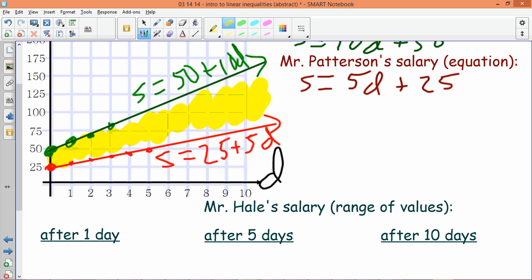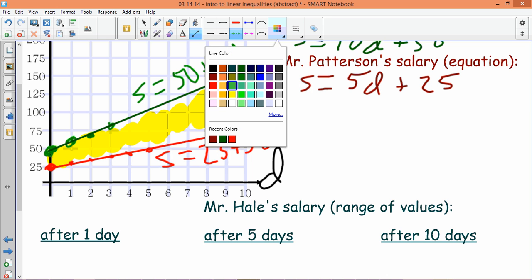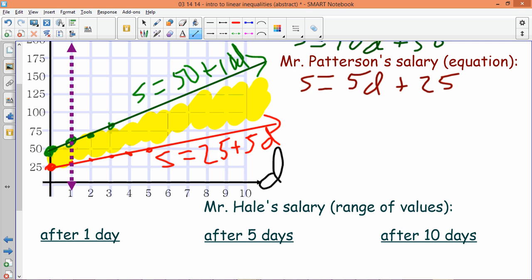So to talk about how much he makes after one day, what we can do is draw a line. Let's make it a dotted line, and let's make it purple. We can draw a dotted line on x equals 1, or d equals 1, and I know that his salary is going to be somewhere in between this range right here.